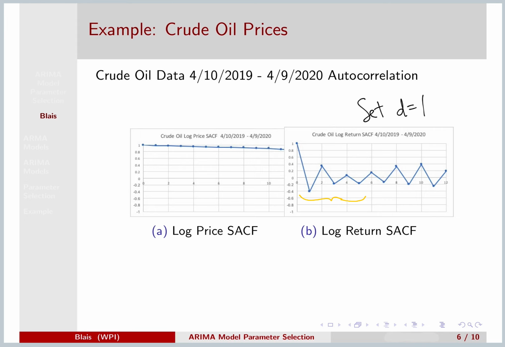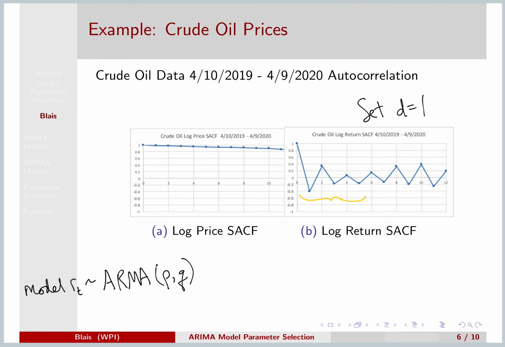So in this case, we would set D equal to 1, and we would be looking at modeling the log returns as an ARMA(P, Q).